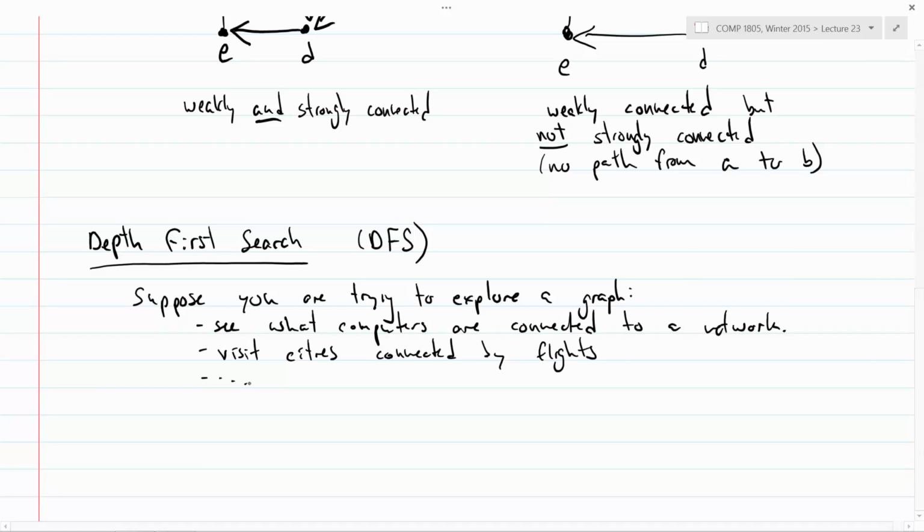You need to somehow travel around the graph in an orderly way. And by orderly, I mean you need to keep track somehow of where you've been. Because if you don't do that, you could just be sitting in a cycle. And you could keep walking around that cycle forever and ever. And that would be bad, because that would basically amount to getting lost while exploring the graph, and we don't want that.